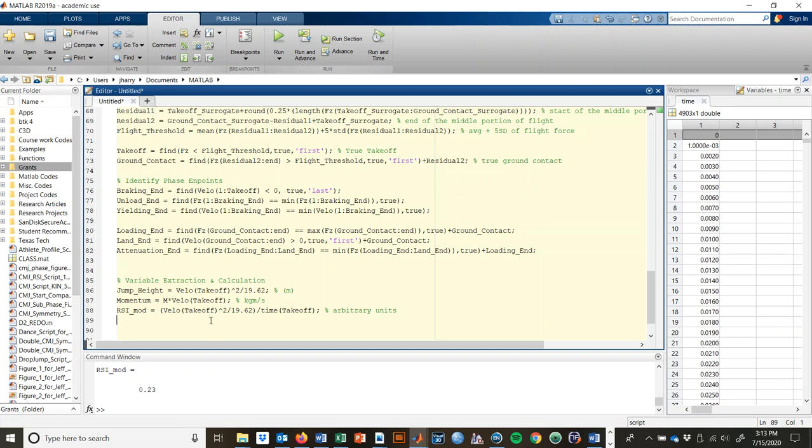You also wouldn't need to do an impulse, or at least a propulsive impulse, because that impulse is the determinant of jump height. If you have jump height, you essentially understand the impulse. More jump height would mean more impulse for a given athlete, assuming body mass and things of that nature are the same. Also, because you've got the momentum at takeoff, you wouldn't need that variable either. So we won't do any integrations here for impulse.